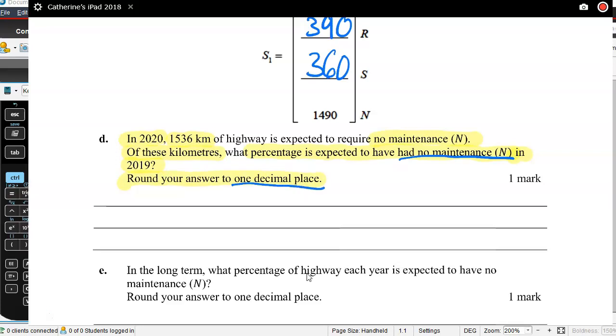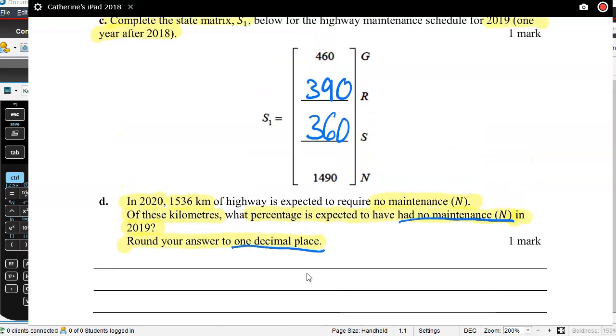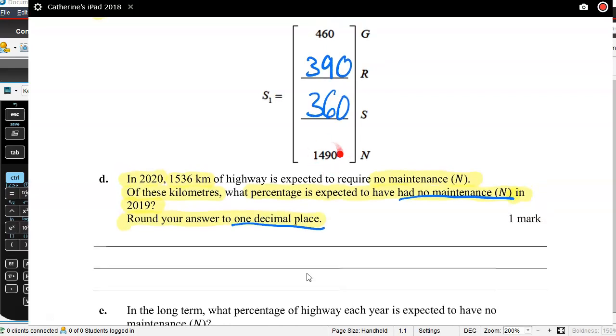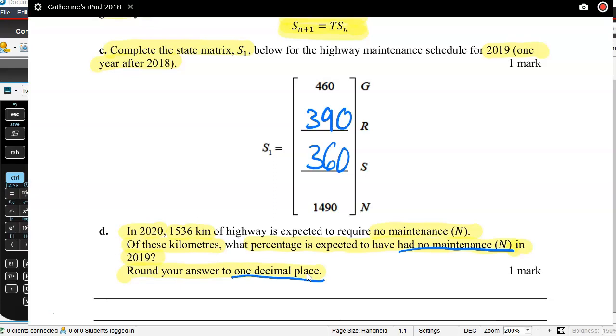Oh, by the way, this past question, 82% of the state got the mark there. Okay, so focusing back here, we know in 2019, 1,490 kilometres had no maintenance. Yep, that's what that is.